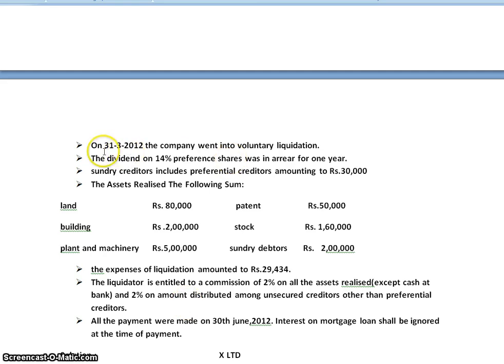Because the date of balance sheet was 31st March 2012, and on 31st March 2012 there was no arrear on interest, right? But the payment to the loan provider was given on 30 June, after 3 months of the balance sheet. That means at least for 3 months they may charge interest, right?